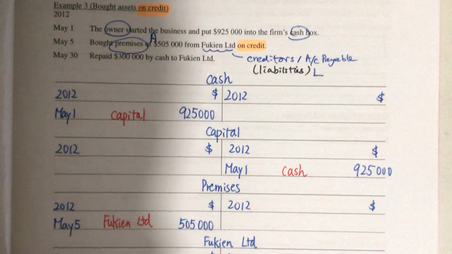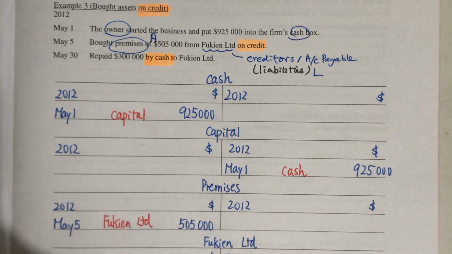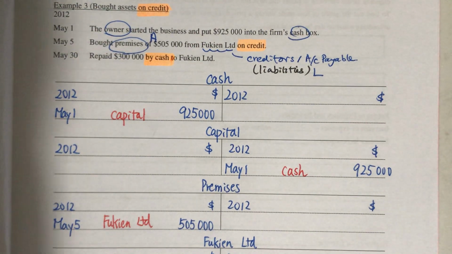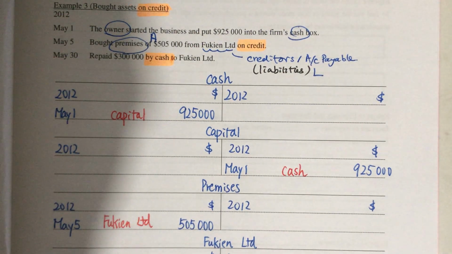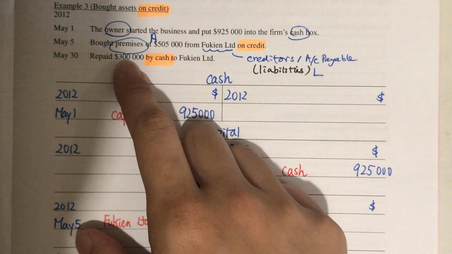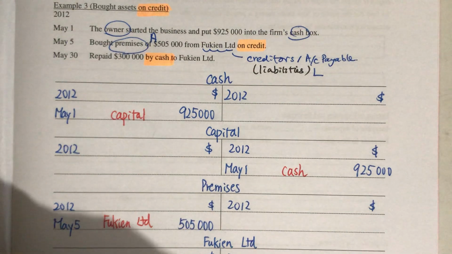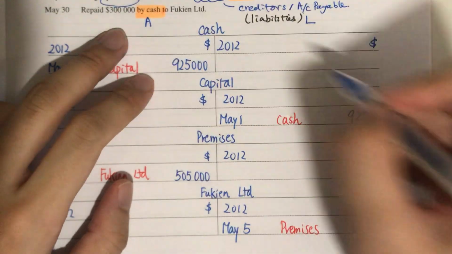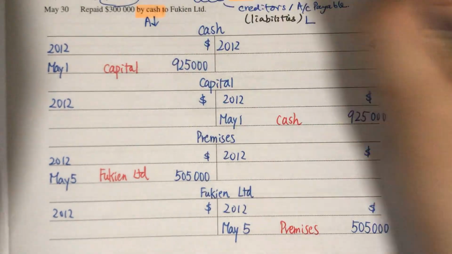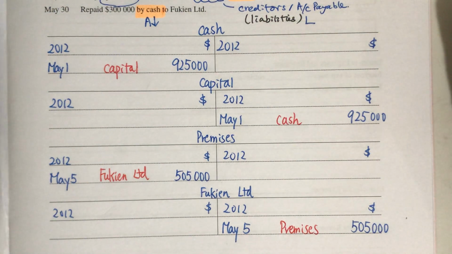Okay, if we pay by cash, then the cash account will have a decrease of $300,000. So for the asset cash account, you have a decrease of $300,000.